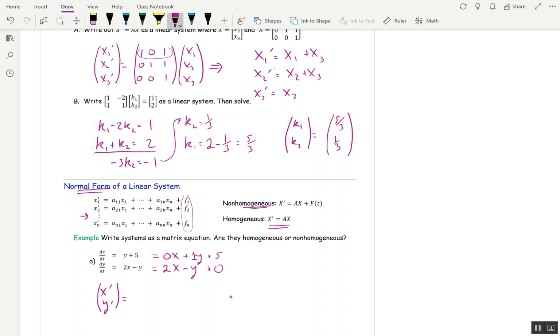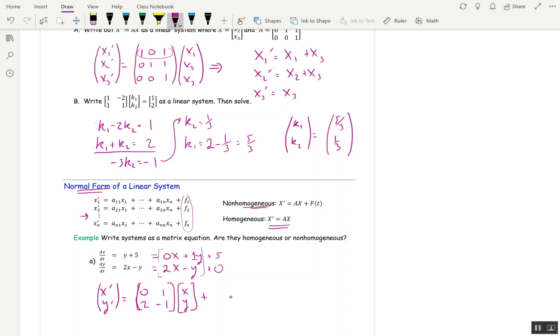And then I want to write this. Just look at this part here: this is 0, 1, 2, negative 1, that matrix, times x, y. All right, so make sure you see that. This is called the coefficient matrix, by the way. So when you dot out, you'll get 0x plus y and then 2x minus y.